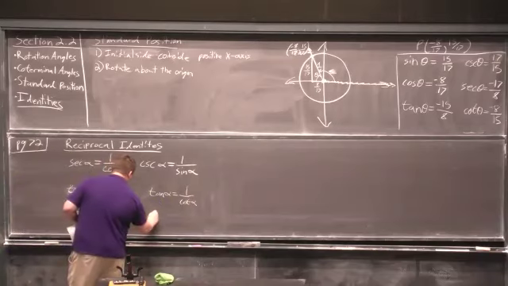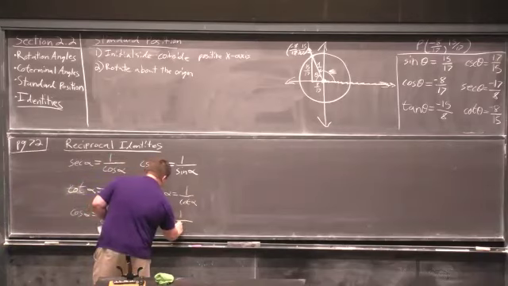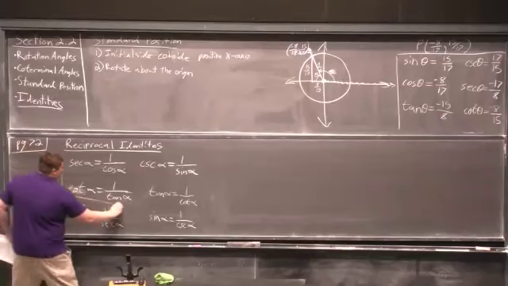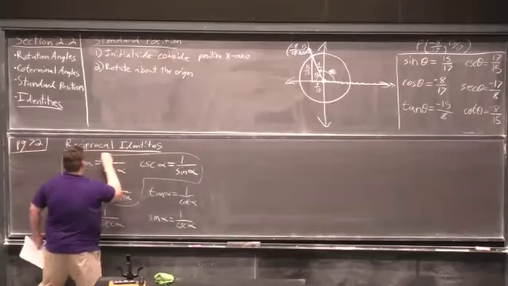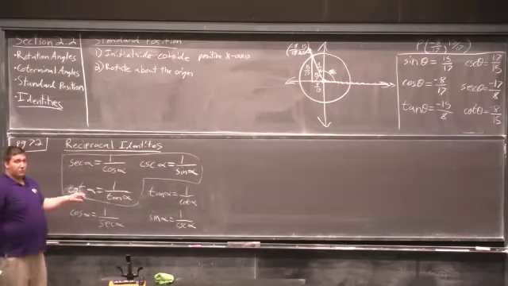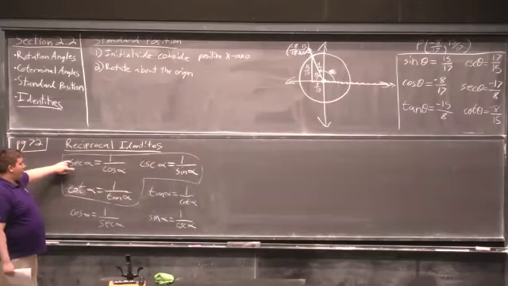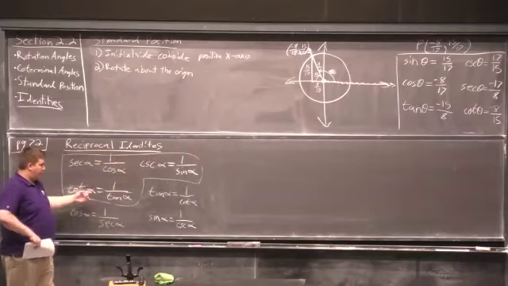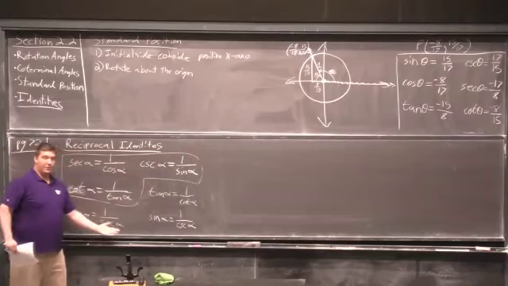And for completion, sine of alpha equals 1 over cosecant of alpha. However, I'll say that these three are the ones to memorize, because what can I do? I can take the reciprocal of the equations and I just get a copy of the ones down below.